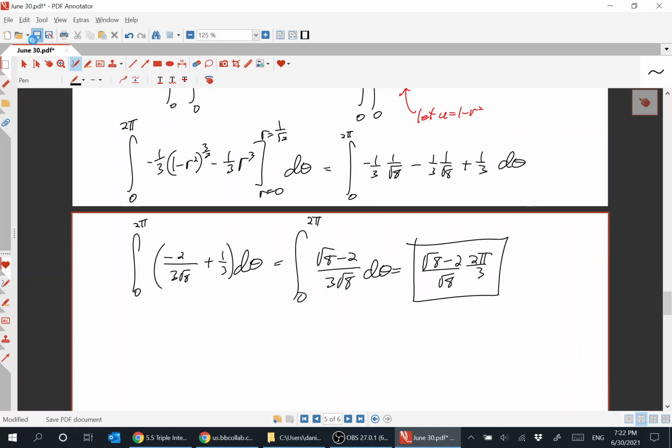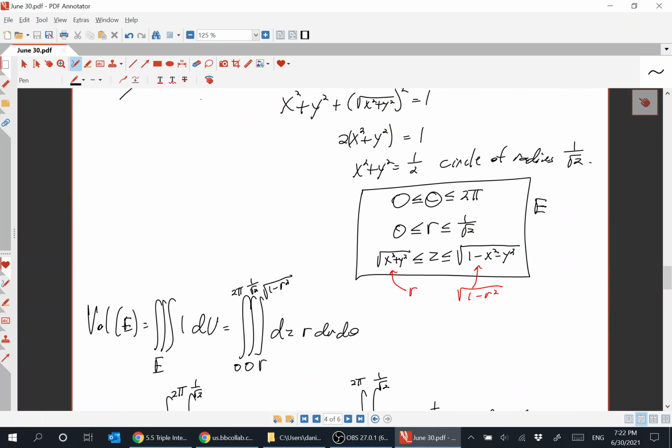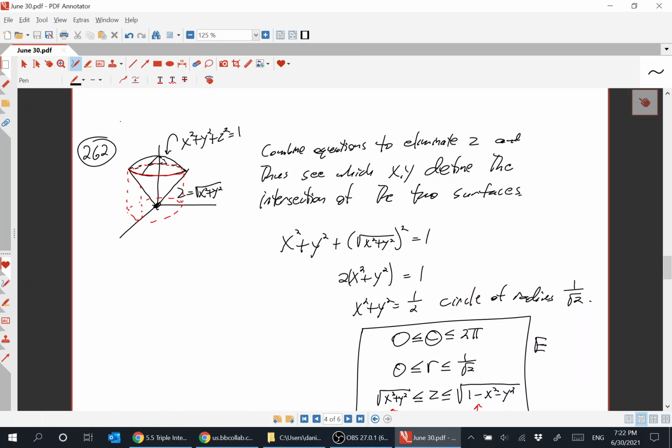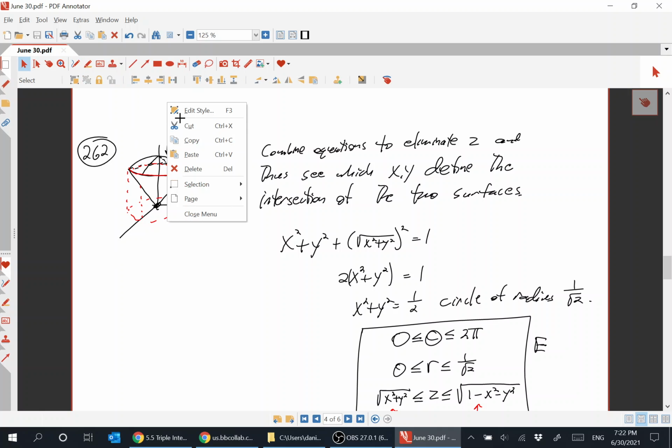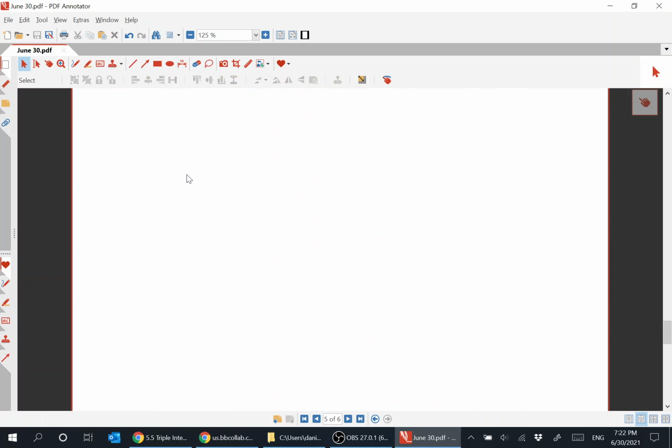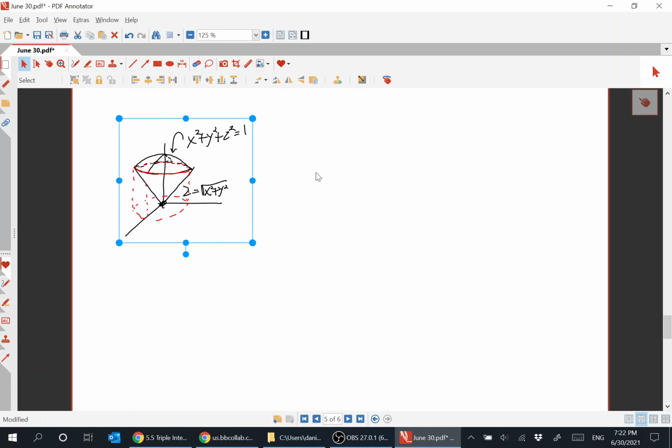So let's take a look at that in terms of spherical coordinates. So let's redo it. That's a good one. Let's redo this. So without the red, we don't need that in this case. It's more naturally described in terms of spherical coordinates.